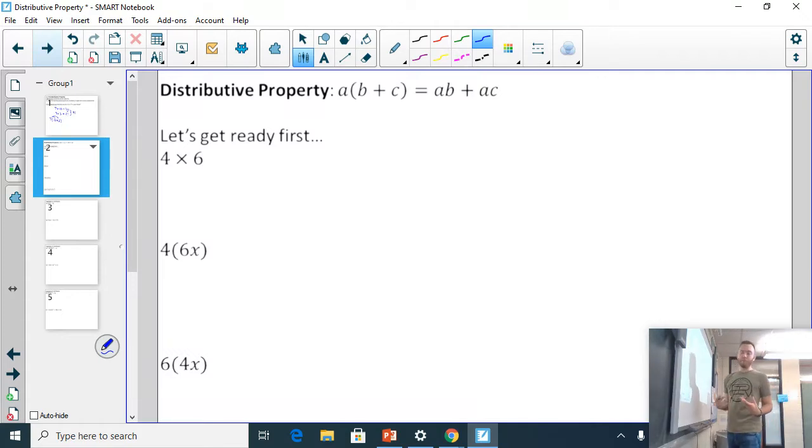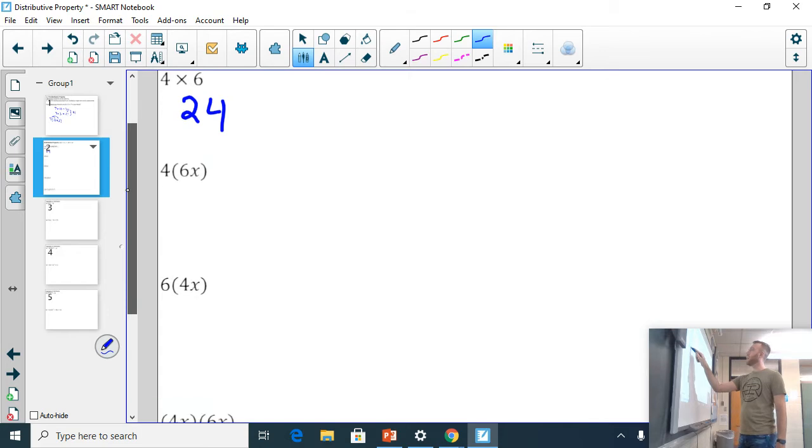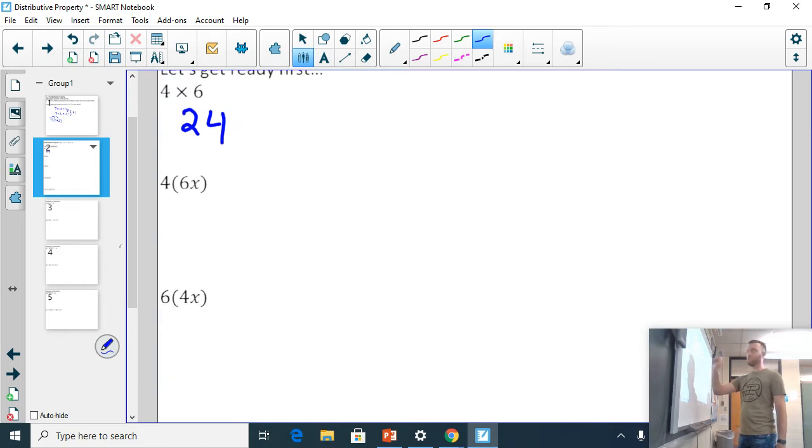So before we really get to use it, let's just review and think about how we multiply both numbers and variables together. So first off, 4 times 6. We know 4 times 6 is 24, right? And now this should be review, but just in case to get our minds working a little bit, 4 times 6x.